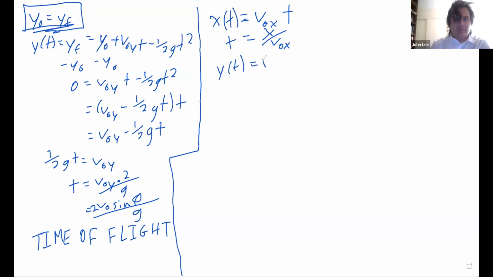y of t equals y naught, plus x naught of t, but this is going to go to 0. And so is this. We're going to assume that it starts at position 0, 0.